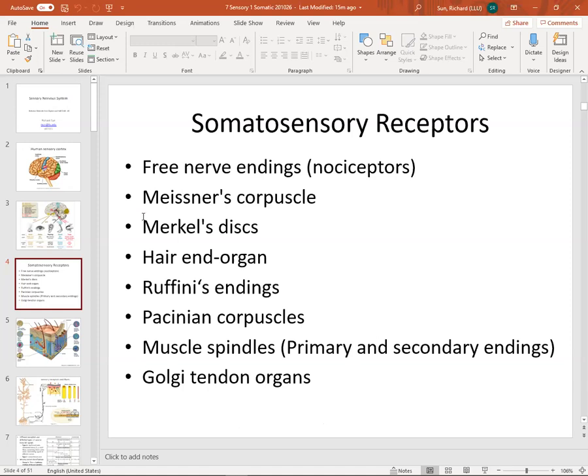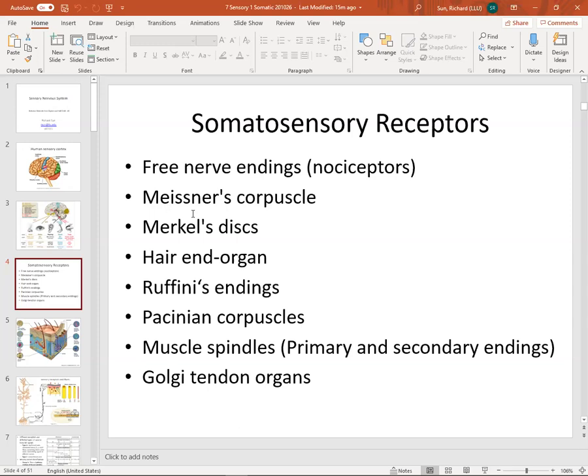We will learn these: Meissner's corpuscle, Merkel's disc, hair end organ, then Ruffini. The way I organize this is from the surface to the deeper tissue, in the skin, right? So the free nerve ending is very superficial, and this can be stimulated by three major modalities.